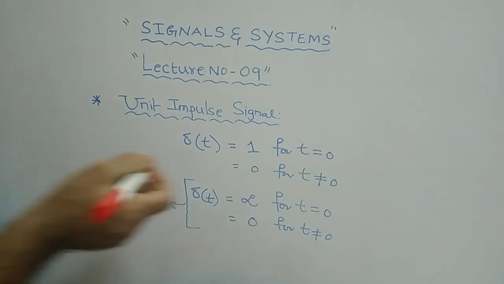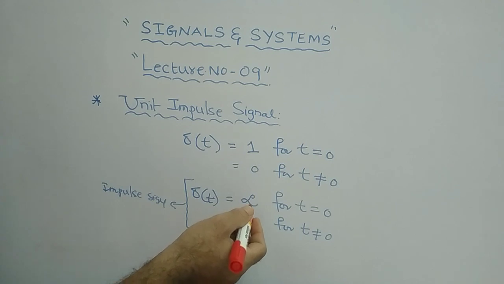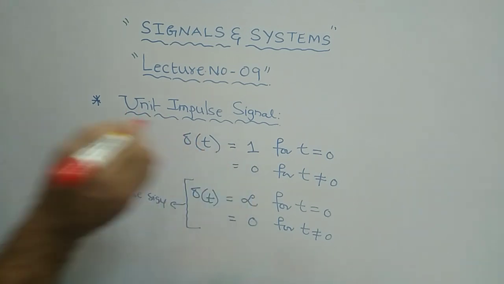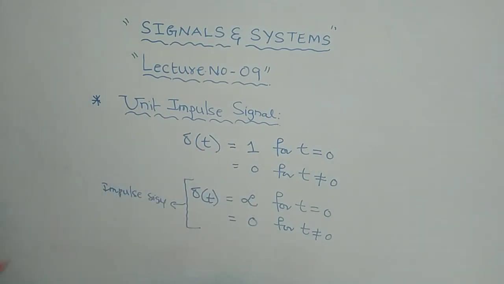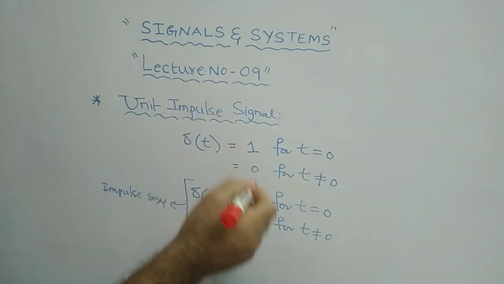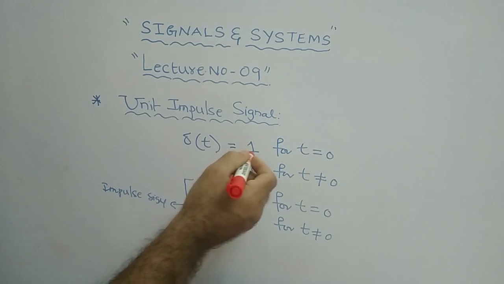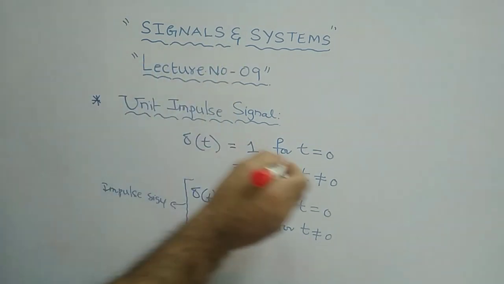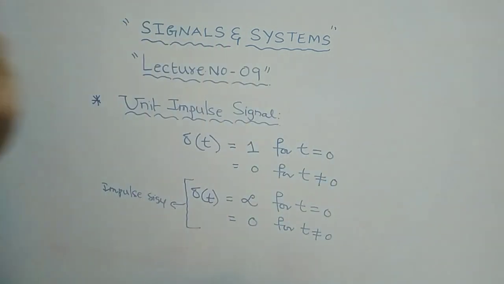So we must have a certain value. Instead of infinity, delta of t should have one value. That's why we take the unit impulse, considering 1 for the same time interval. I think you understood this.